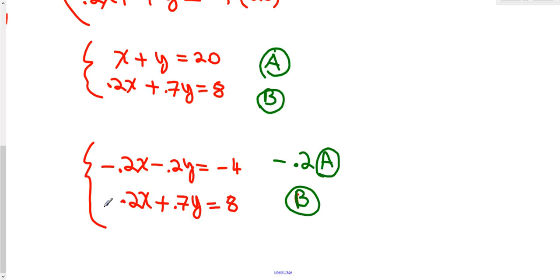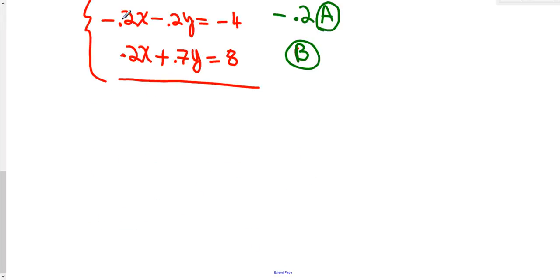The next step in elimination is to add these two equations together. Negative 0.2x plus 0.2x just cancels. But negative 0.2y plus 0.7y gives me 0.5y, and this is equal to negative 4 plus 8, which is positive 4.